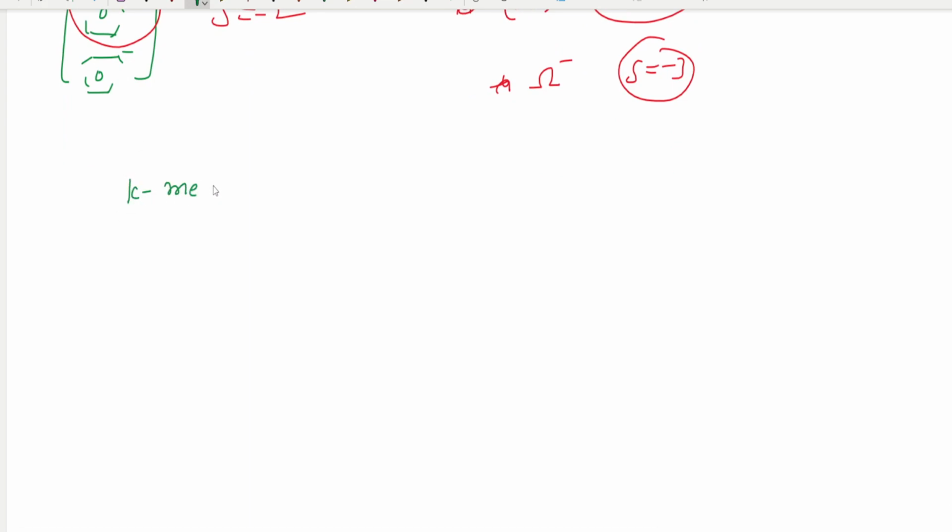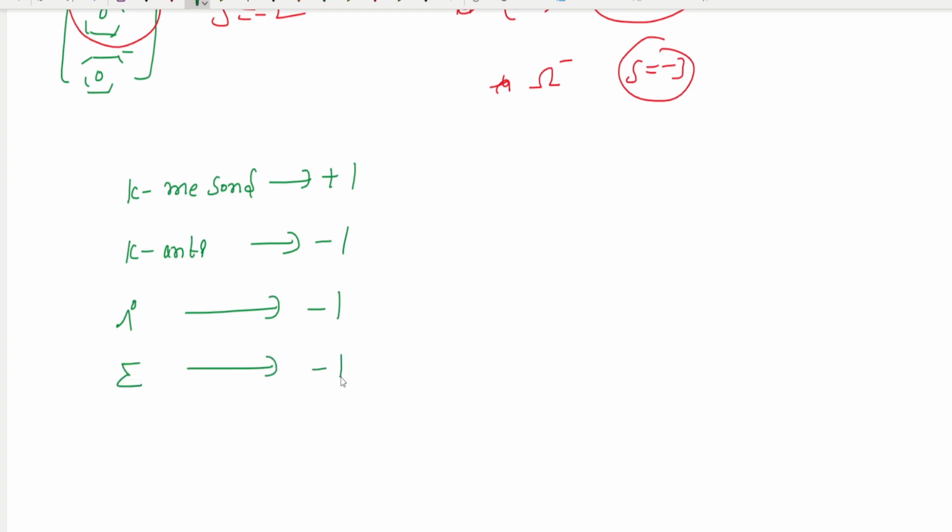K mesons are 1, K mesons and pi particles are 0, lambda is minus 1, and the sigma triplet group is minus 1. The cascade group is minus 2, and minus 3 is the omega group.